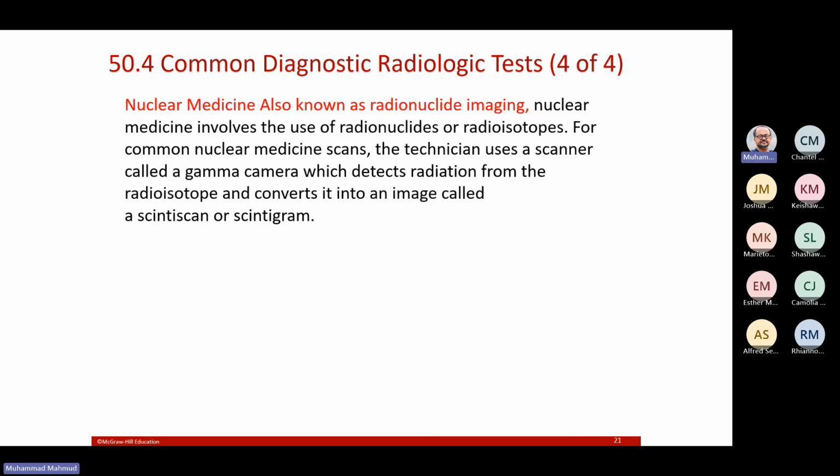Nuclear medicine, also known as radionuclide imaging. For a common nuclear medicine scan, the technician uses a scanner called a gamma camera, which detects radiation from the radioisotopes and converts it into an image called a scintigram or scinti scan.